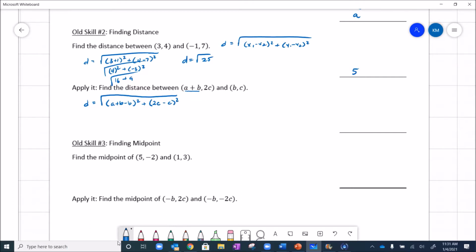It looks a little intimidating right now, but once we simplify inside these parentheses before we square it, we'll see that this turns into a squared, and 2c minus c is c squared.